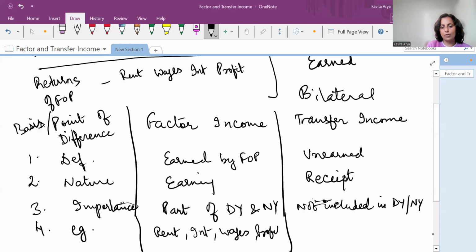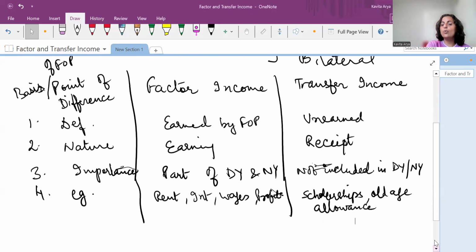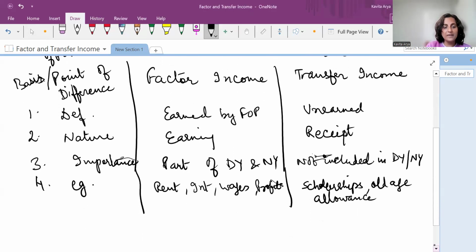And when we talk about the examples of transfer income, they are scholarships and some sort of old age allowance, etc., which are given by the government. And then we talk about who all receive these incomes, the recipients.